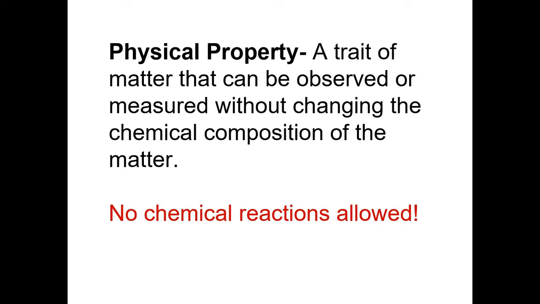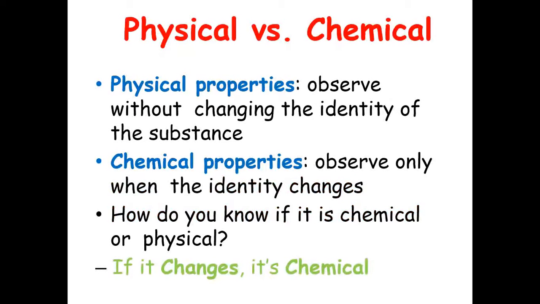When talking about the chemical composition, I'm talking about chemical properties. If we compare the physical and chemical ones, you will find that physical properties are observed without changing the identity of the substance, while chemical properties are observed only when the identity changes.